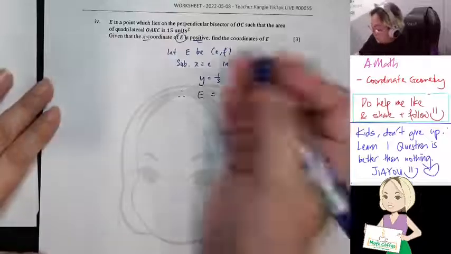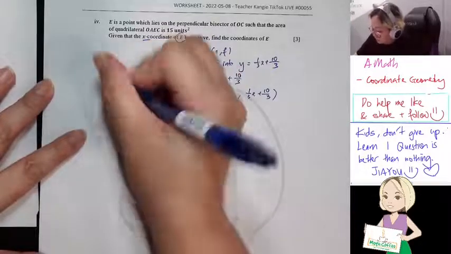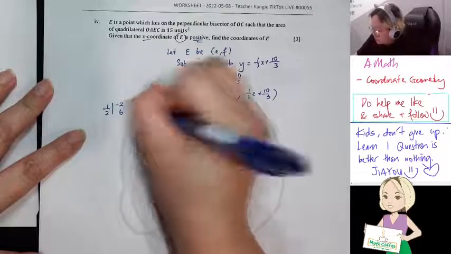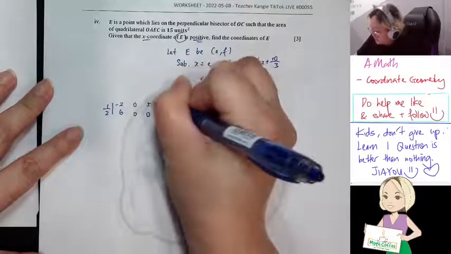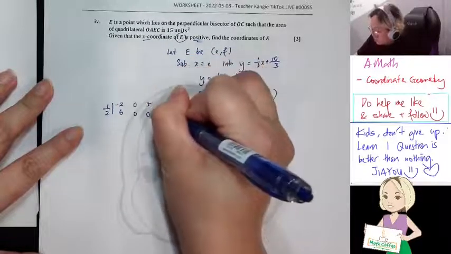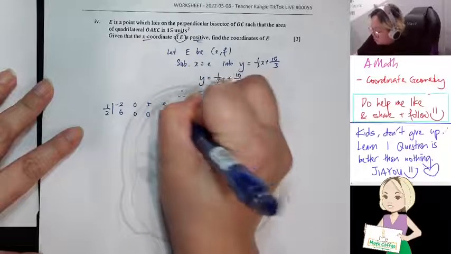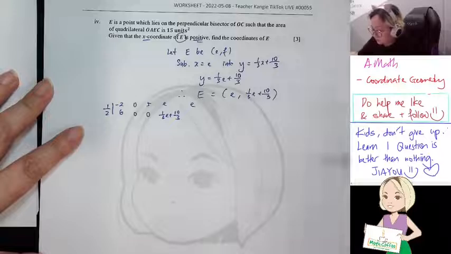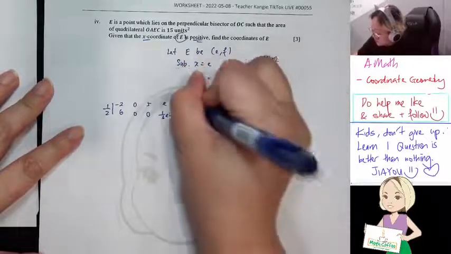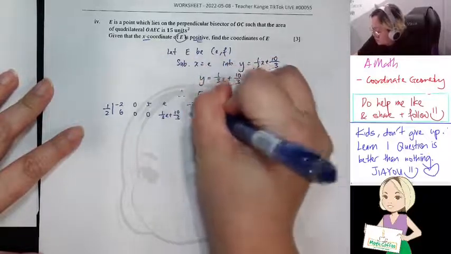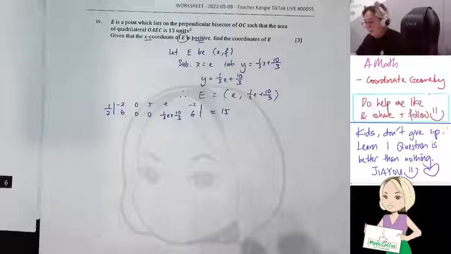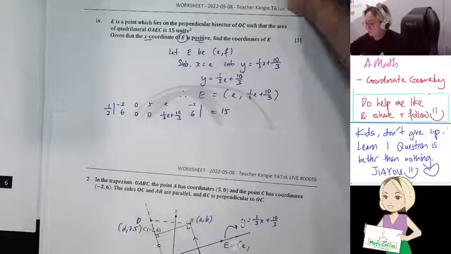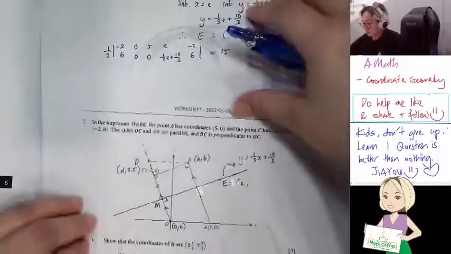So I'm going to write half, minus 2, 6, 0, 0, 5, 0, E, 1/3 E plus 10 over 3, and minus 2, 6, equals 15. Let me go through with you why it is all these points.